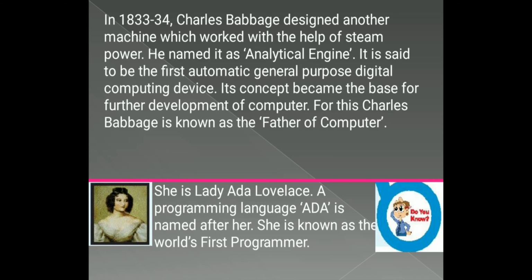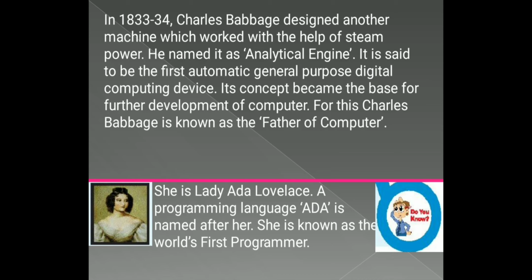In 1833-34, Charles Babbage designed another machine which worked with the help of steam power. He named it the Analytical Engine. It is also known as the first automatic general purpose digital computing device. This concept became the base for the future development of computers.